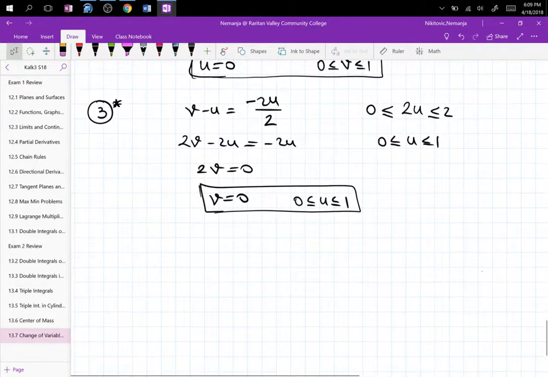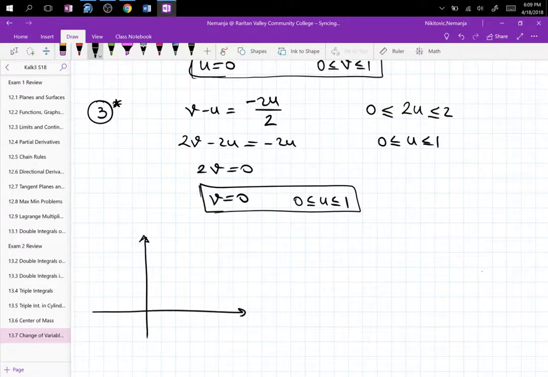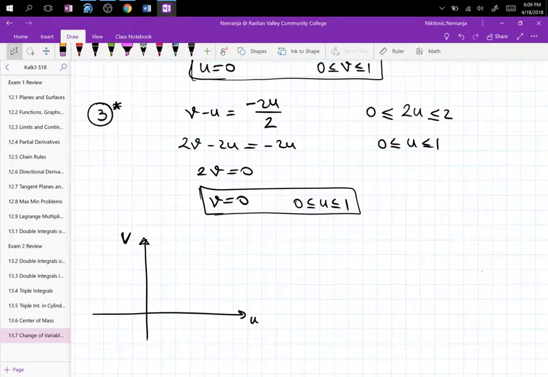So now I want to graph this. So now this is the UV region, and if I have a UV region, I am able to set up du dv integrals. So we are transforming these things, right? So what do I have? How do you decide whether v or u is the x-axis? U is at the x-axis. It has been decided for me. Convention.